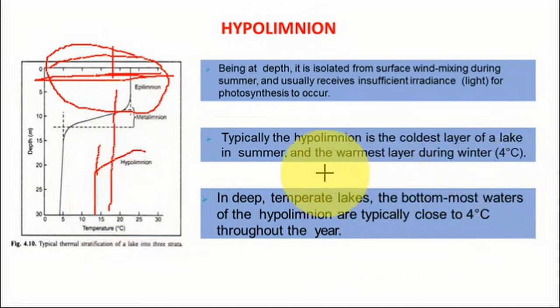So during winter, this is the warmest layer. In deep temperate lakes, the bottommost waters of the hypolimnion are typically close to 4 degrees Celsius throughout the year. So it is highly dense water during that period.